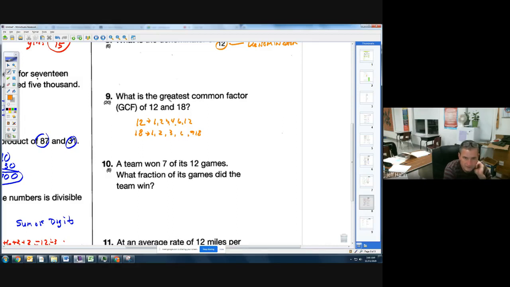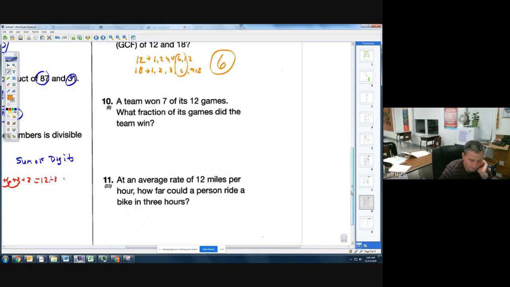What's the greatest one that they have in common? They have 1s in common, 2s in common, 3s in common, and they have 6s in common. 6 is your greatest common factor.